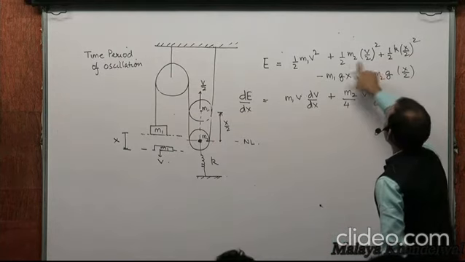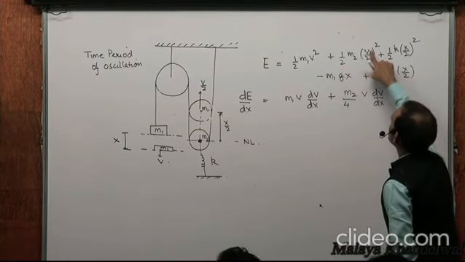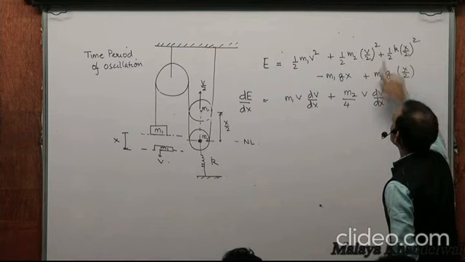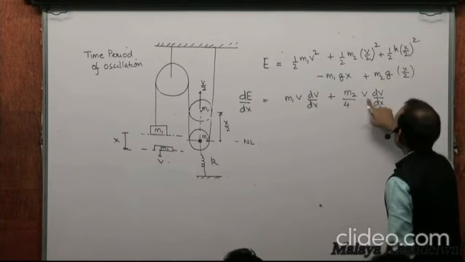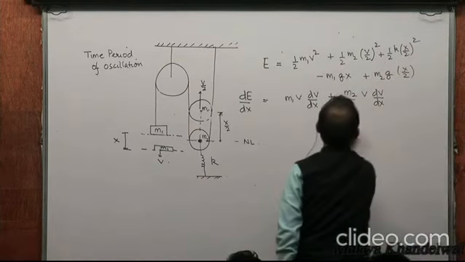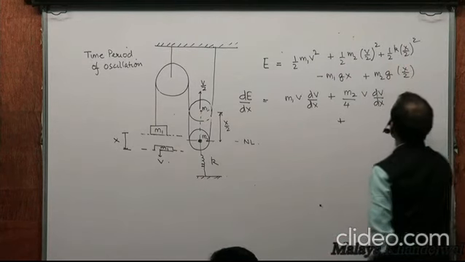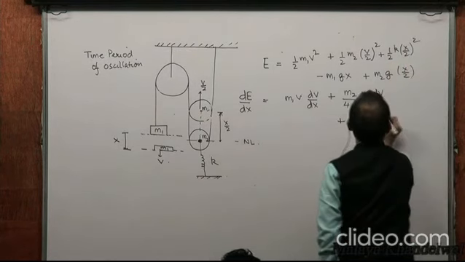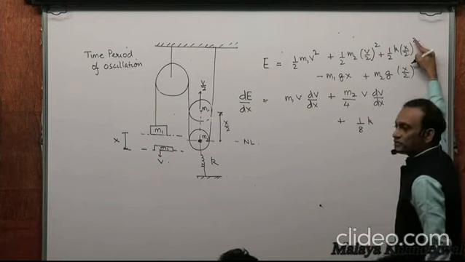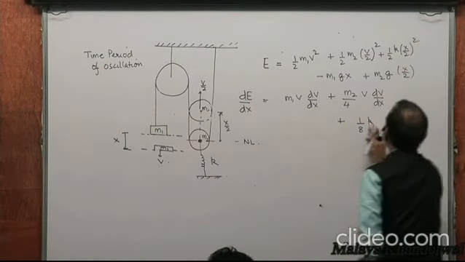Do you realize that? This is 4 into 2, 8. And when I differentiate this, 2 v dv dx, that 2 will make this 4, right? m2 v dv dx. Then this is 4 2s are 8, 1 by 8, and then k and x squared, where I differentiate, I get 2x. That will make this 4.